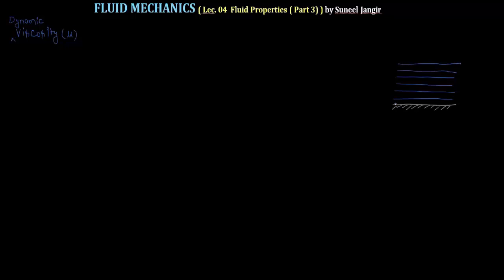Right now that one layer is also on this solid surface. So if we want to analyze this fluid flow, I'm considering a cross section over here. We are considering this cross section.